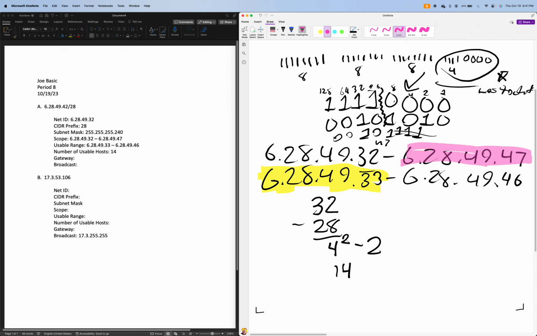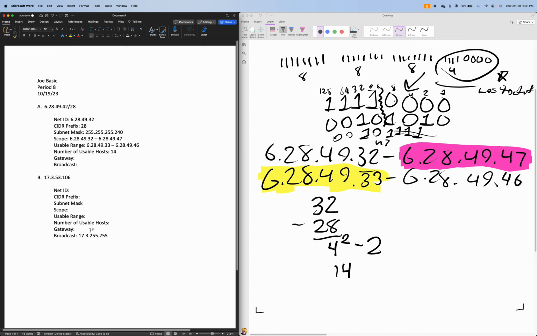It is your highest possible one. The reason for which, I don't know. So gateway is 6.28.49.33, and your broadcast is 6.28.49.47.